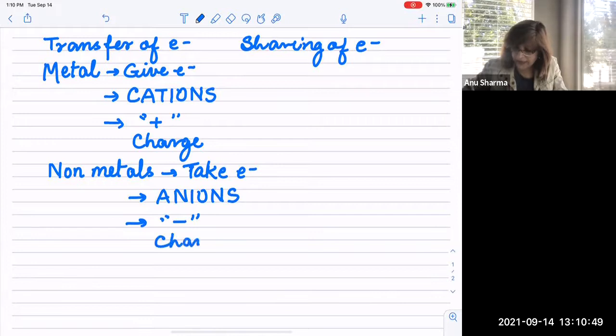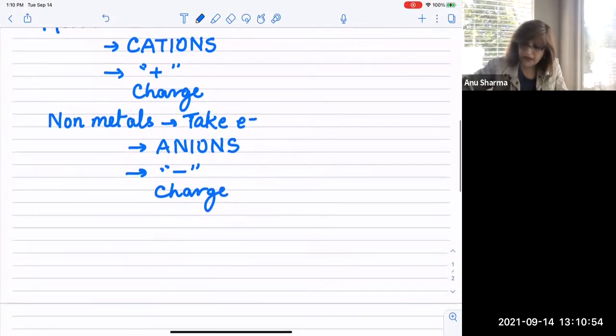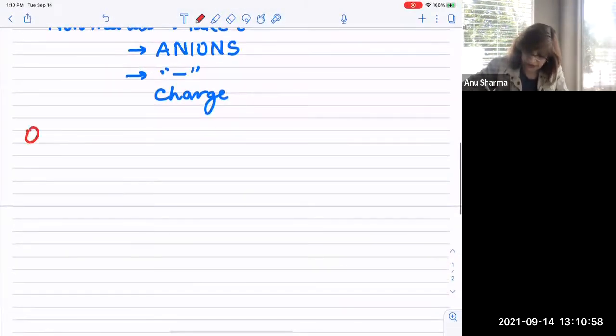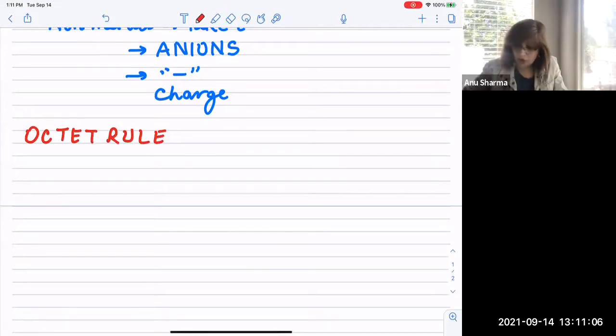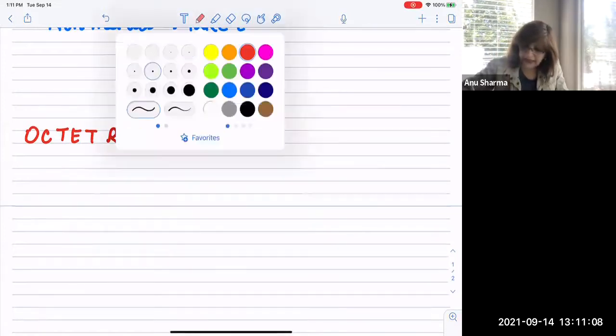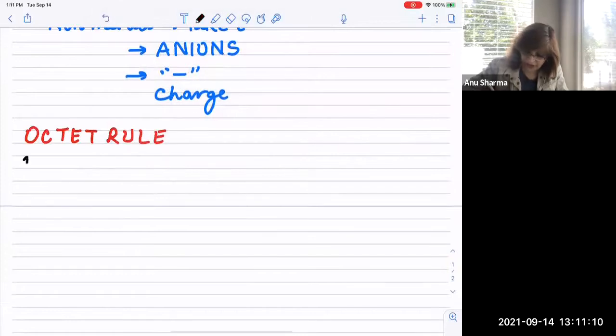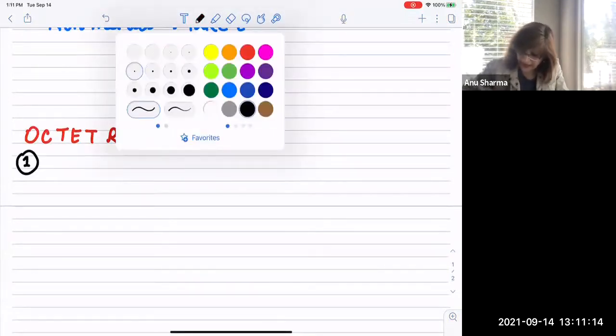And how many negative charges, how many positive charges, all that is governed by the octet rule. So first of all, octet rule. The octet rule is that every metal and every non-metal wants to have 8 electrons in the last shell.